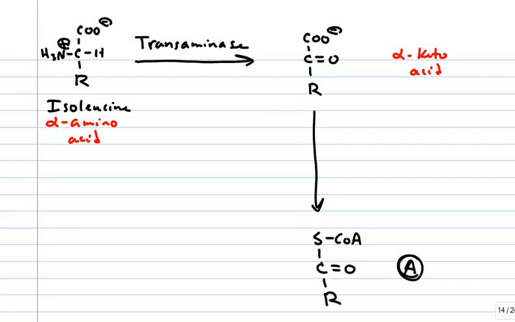So, wow. At this point, if you can muster up some recollection of Biochem 1, there's a lot of questions to be asked here. What type of reaction am I showing you going from this alpha keto acid to this intermediate A? Well, not to spend 3 hours on this, let me just throw it at you.